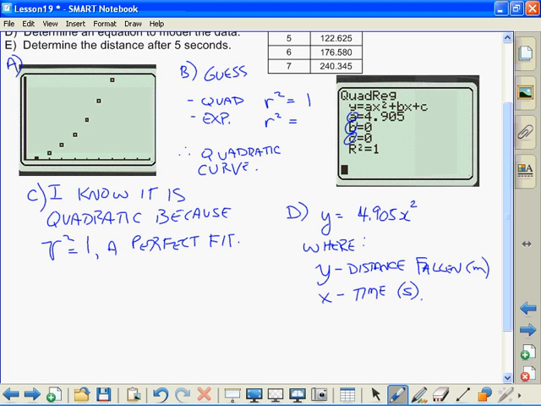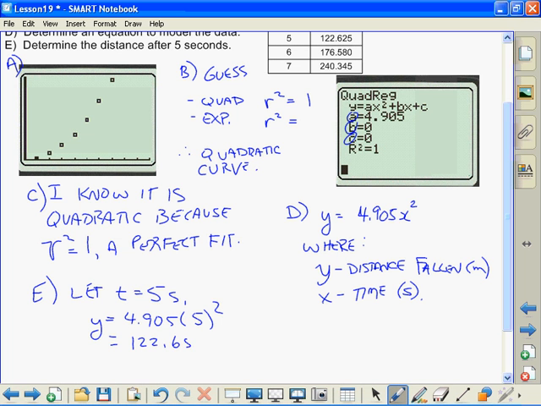Which leaves us to E. So this is just using your equation, and we let t equal 5 seconds. And what you're going to find here, the whole point was to see how close it was to the curve. Now, because it was a perfect correlation, when you plug this into the calculator, you're going to find that you actually end up with the exact answer. So 122.625.